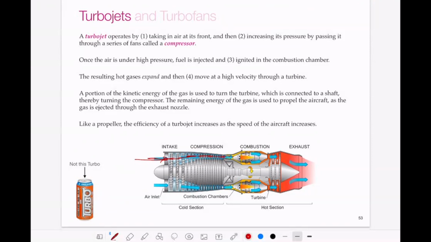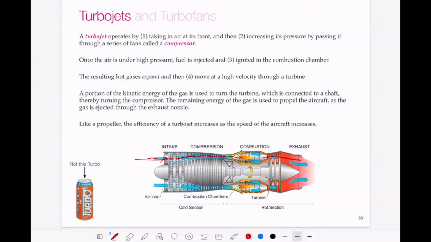And then we add some fuel to this mixture and we combust it in a combustion chamber, which causes rapid expansion of the gas. And then it moves through the exhaust. And as it's flowing out of the exhaust, we have some turbine blades down here to harness some of that energy. And we take that energy and we supply it back to the intake compression fan blades to run this machine.